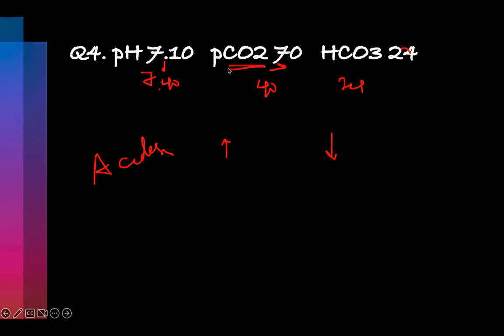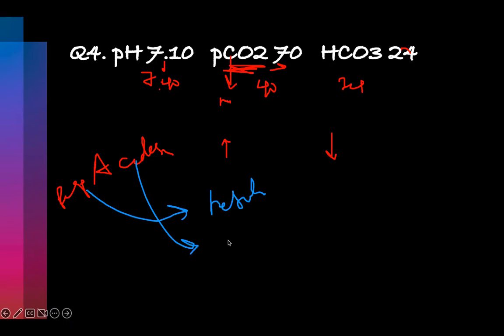So this is the one causing the problem. What does CO2 represent? Respiratory. So I put it there, respiratory. I'm done. Then you go for compensation. If I have respiratory, I should have a metabolic problem. If I have acidosis, I should have alkalosis.